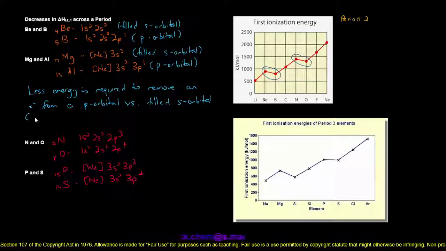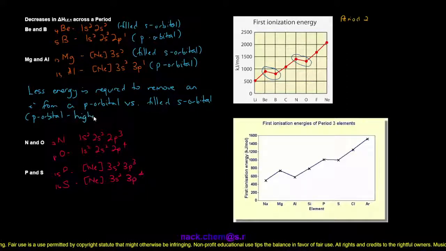And this is because p orbitals are higher in energy than our s orbitals, meaning that they are further away from the nucleus. So therefore, less energy would be required to remove an electron from a p orbital. Right, so it's a higher energy level.